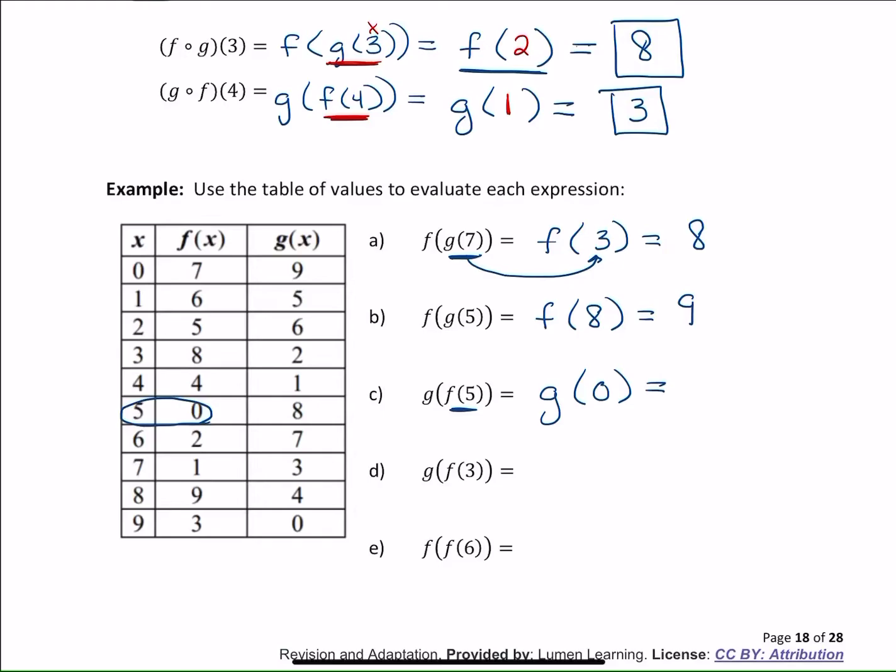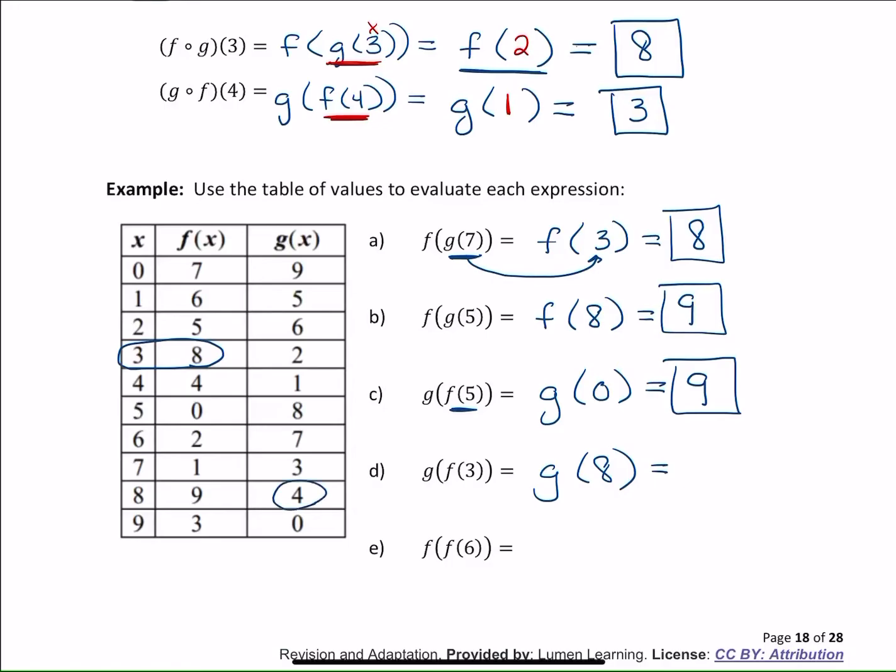And then I need to go to g of 0, which is going to be 9. G of f of 3, f of 3 will be 8, and then g of 8 will be 4.